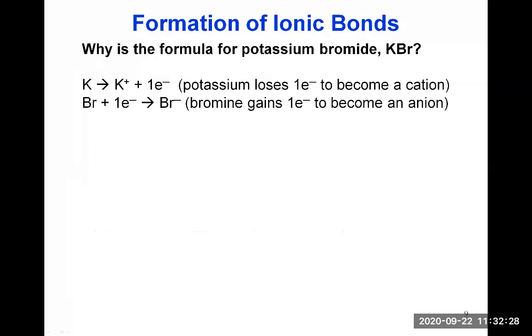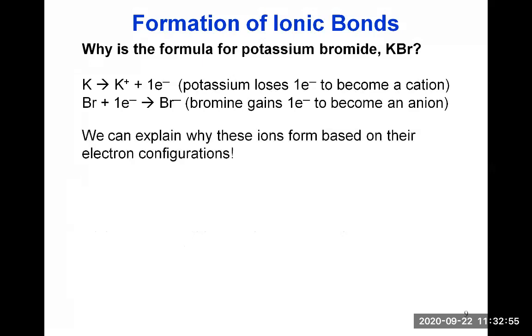The electron is gone from the atom K, and you have a positive ion, K+. Bromine likes to gain an electron and become Br-. Chemically we can write this as Br plus one electron becomes Br-, the bromide ion.